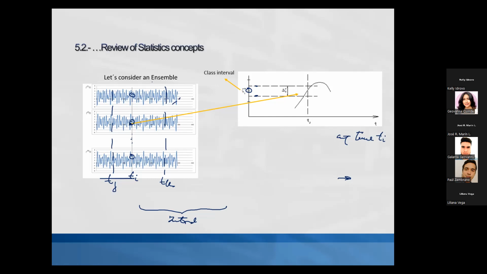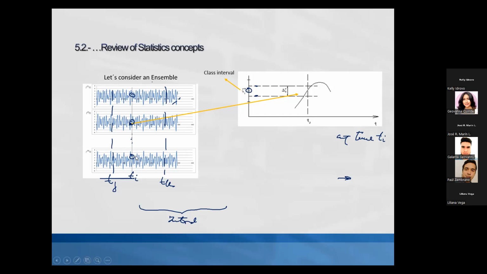So we see that this signal, one of these, is in this interval, which is this class. And from each one of these time registers, we identify in which one of these intervals each measurement falls.